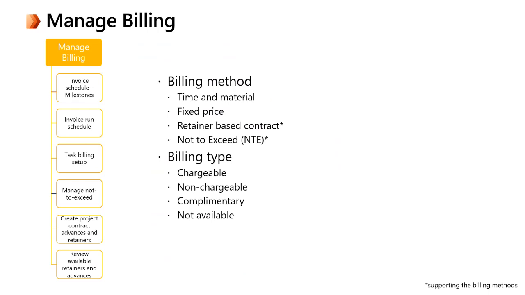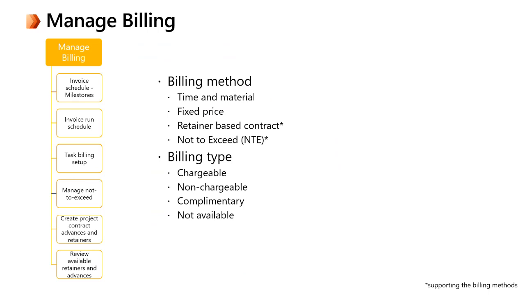The not available type is a billing type that is used on the approval and actual line of the time, expenses, and material usage when it maps to a contract line that is fixed price billing method. So even if you set that the specific time is chargeable, if that is linked to a fixed price contract line, eventually the system will convert it to not available.